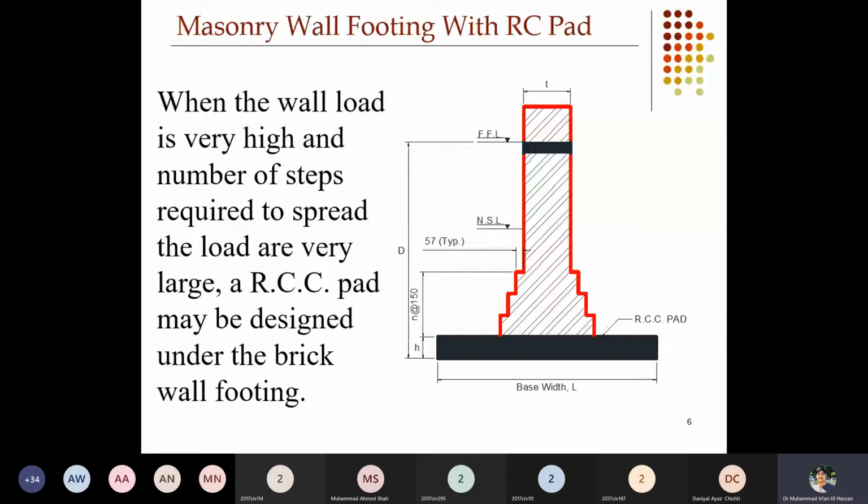So an RCC pad is provided under the footing when the load is too high. And when you think that the PCC under the footing can be damaged, you can think about providing the RCC pad.